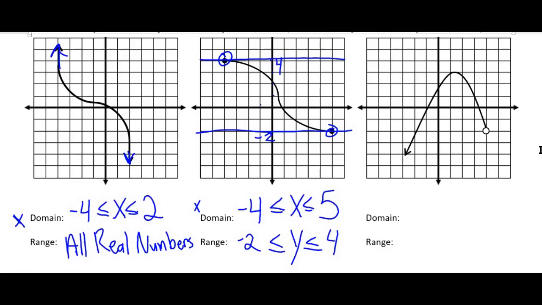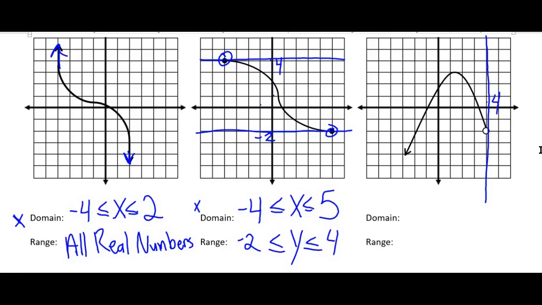Next one, we have a little curvy line, but I notice this arrow means it goes on forever. So my domain has no starting point. There is not a boundary anywhere over here because it continues on and on and on. I do, however, have a right boundary. 1, 2, 3, 4 at +4.